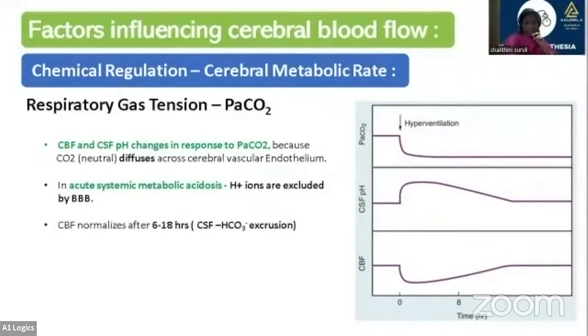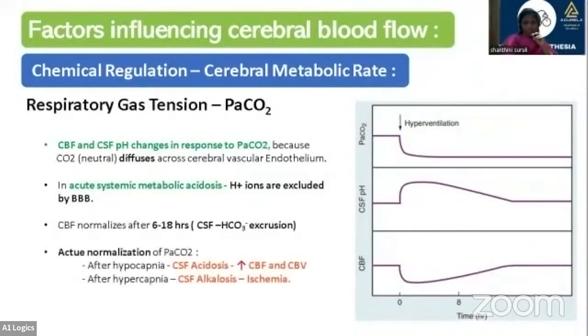However, if we hyperventilate, after 16 to 18 hours, the CSF pH and the cerebral blood flow normalize. This is because of the bicarbonate exclusion from the CSF. So after a hypocapnia, an acute normalization of PaCO2 results in CSF acidosis, increasing the cerebral blood flow and cerebral blood volume.